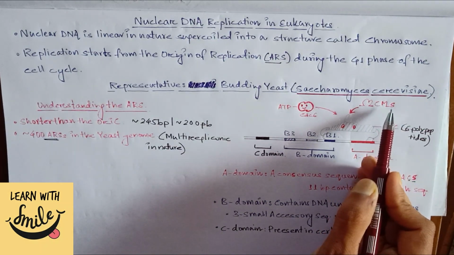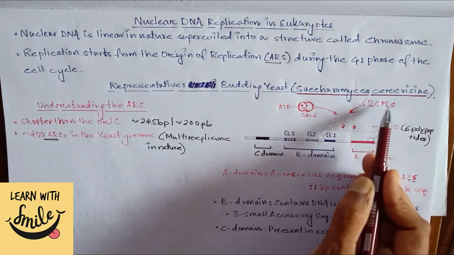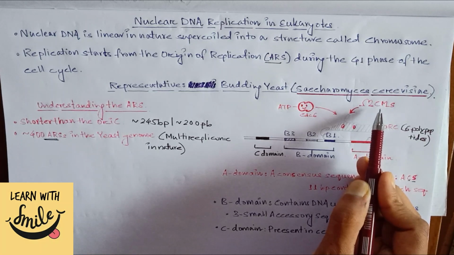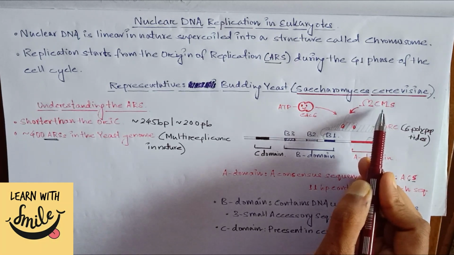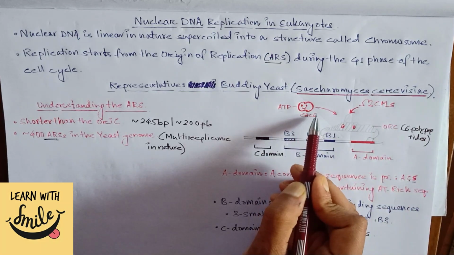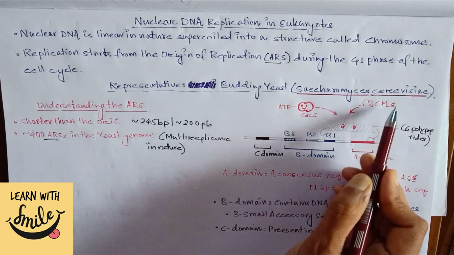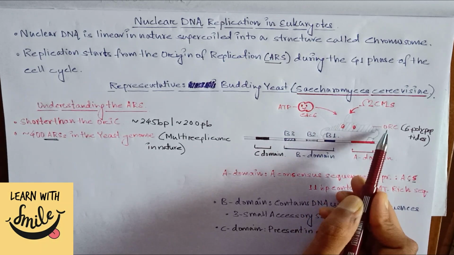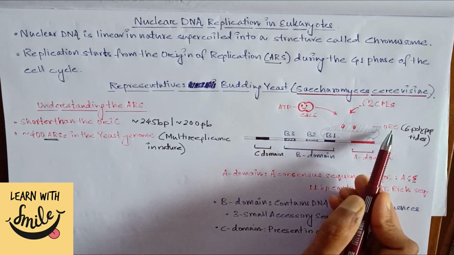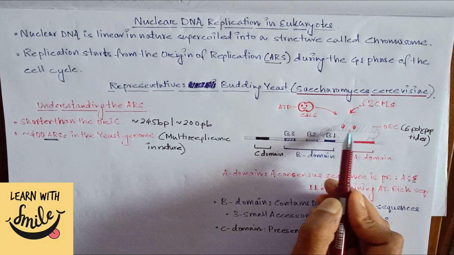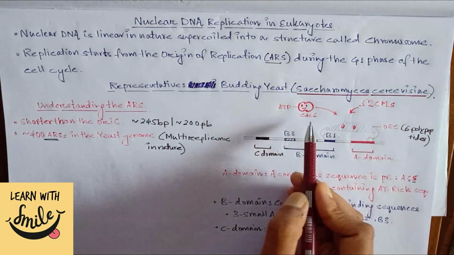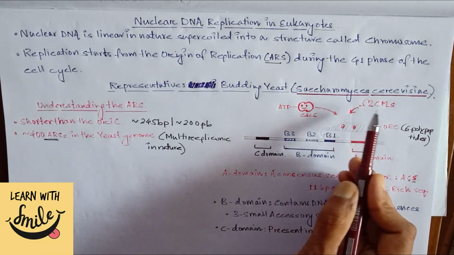You might be wondering what these MCMs are. These MCMs in eukaryotes act as a helicase, and it is this CDC6 protein which helps the MCM bind to the origin recognition complex. Now this complex, that is ORC, is complexed with CDC6 and MCMs.